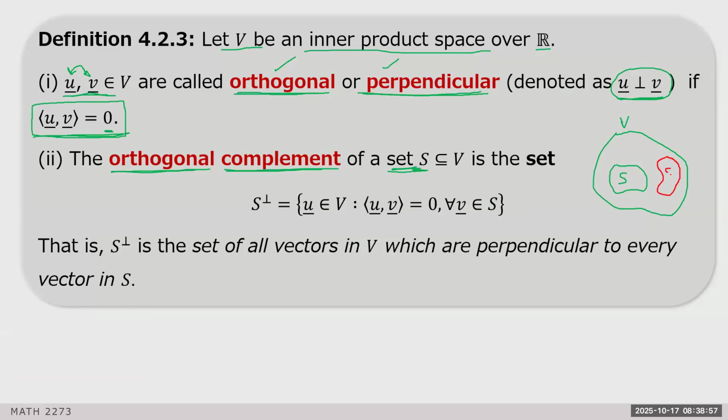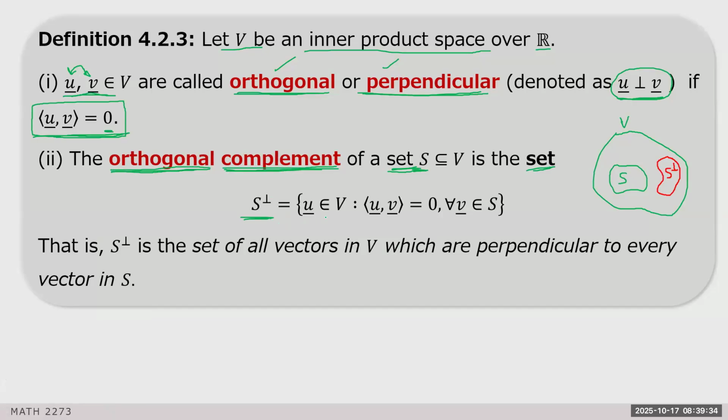We're going to construct this new set, and I'm going to give it the symbol S with a perpendicular symbol as a superscript. This new set that I drew here in red is what we call the orthogonal complement of S. So how do we find it? What is in this new set? It's written like this: S perpendicular. So usually we say the orthogonal complement, or you could say S perpendicular.